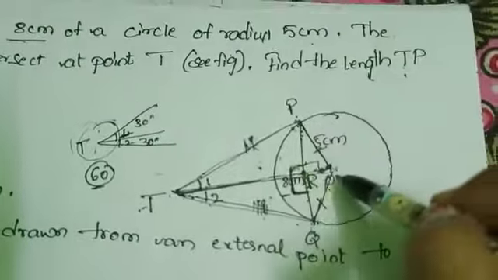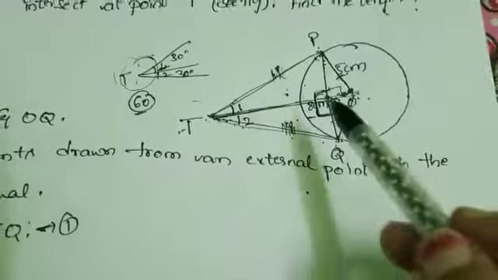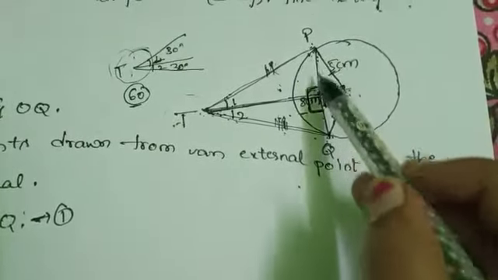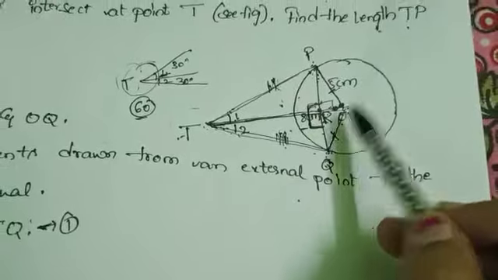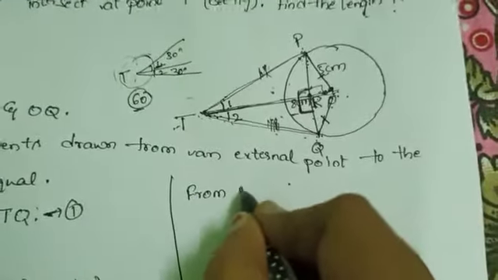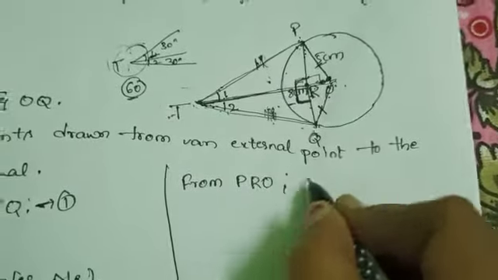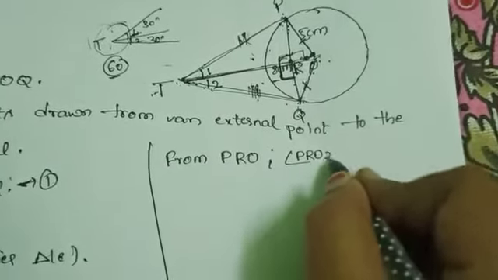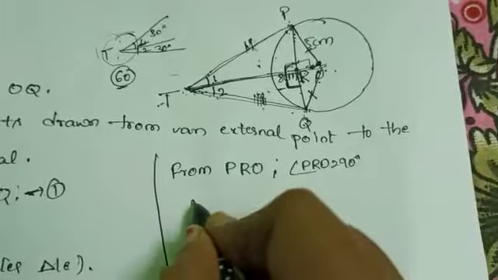Here consider the smaller triangle PRO. PRO is a right angle triangle. From triangle PRO, angle PRO equal to 90 degrees, so apply Pythagoras theorem.